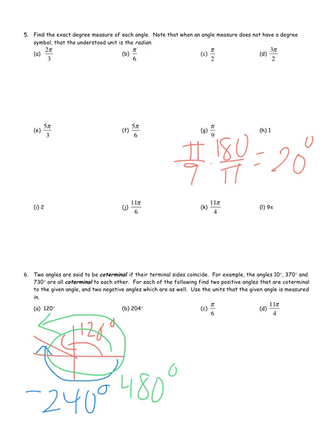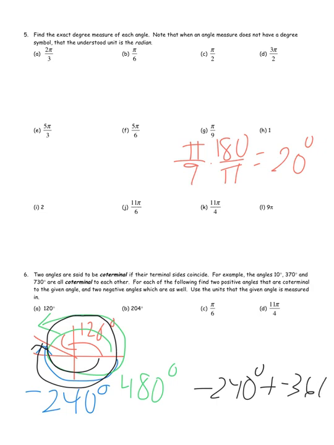It's also coterminal to, if I were to do one full negative rotation and then back to the same spot, negative 240 plus negative 360, which would be negative 600. So there's infinite positive and negative angles that are coterminal to any given angle. And notice they are multiples of 360 away.